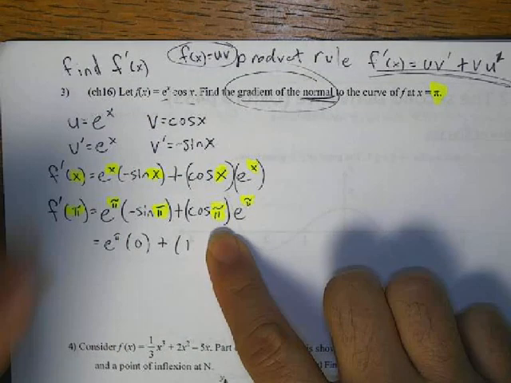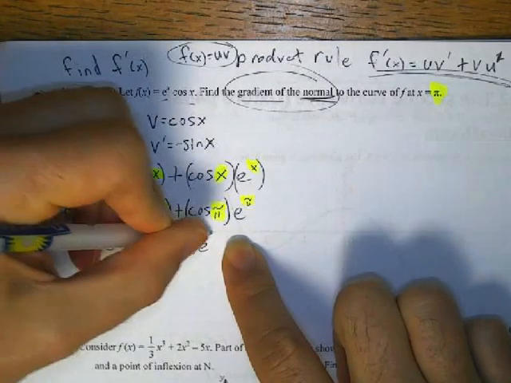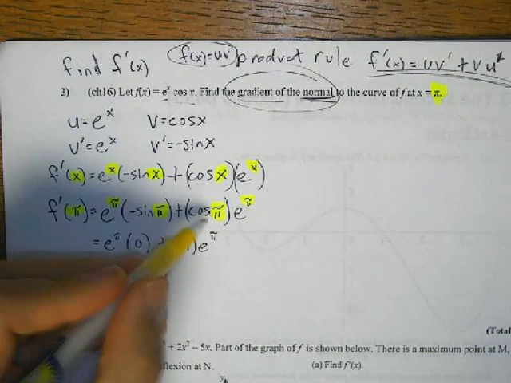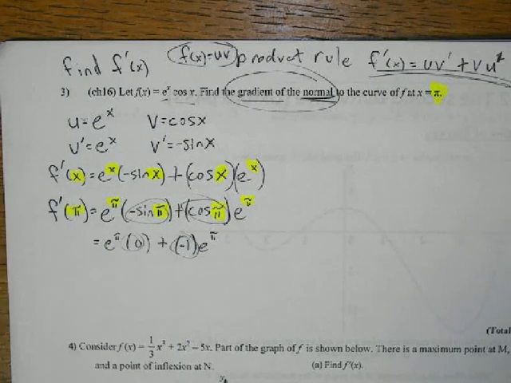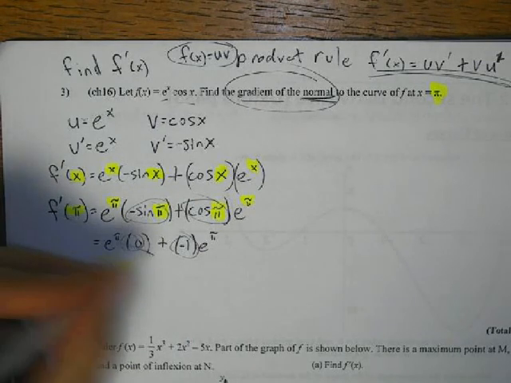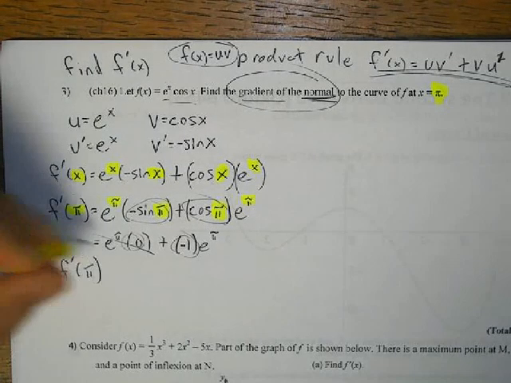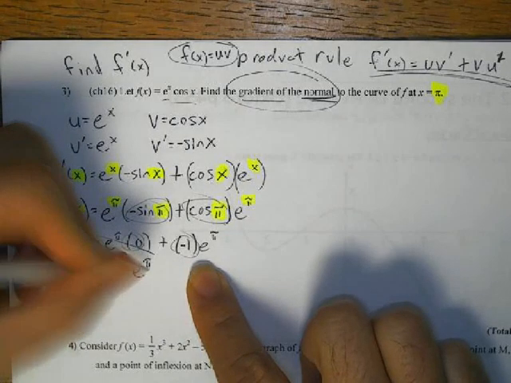Duh. Okay. So I replace cosine pi with negative 1, replace sine of pi with 0. And so, of course, that cancels out, and then I have the first derivative when x equals pi is equal to negative e to the pi.